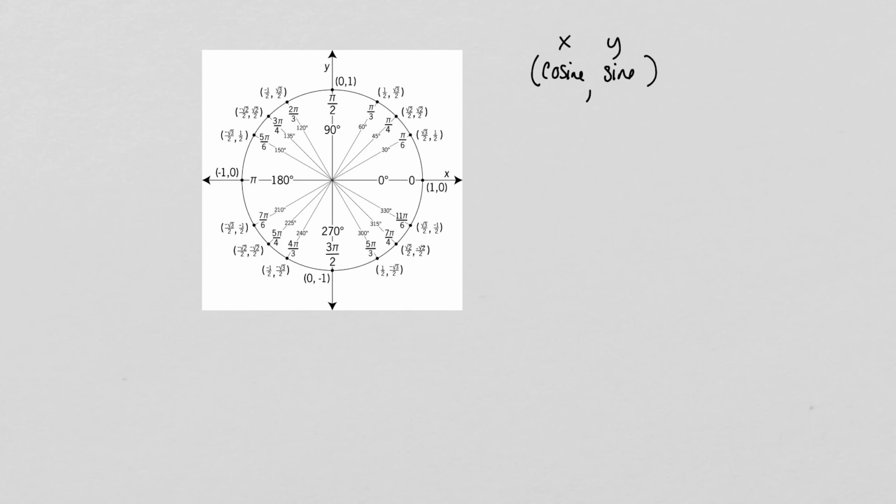Oh, and I see that I didn't actually share my screen. Okay. So this is what I wrote. I put the unit circle up there, and the x is the cosine and the y is the sine. And then the tangent is y over x. So that's how I was getting those.